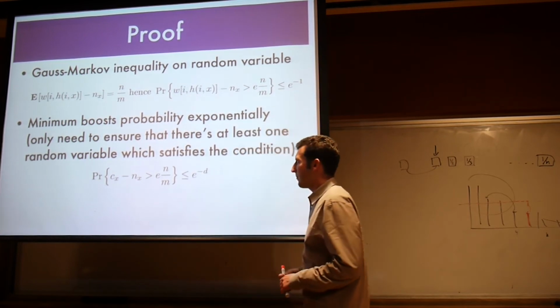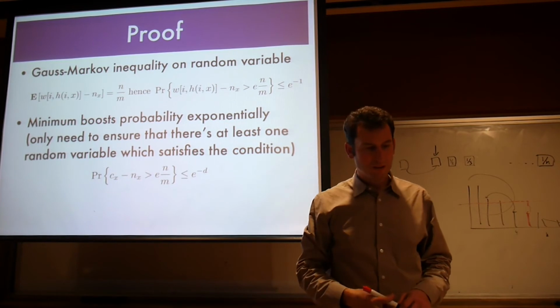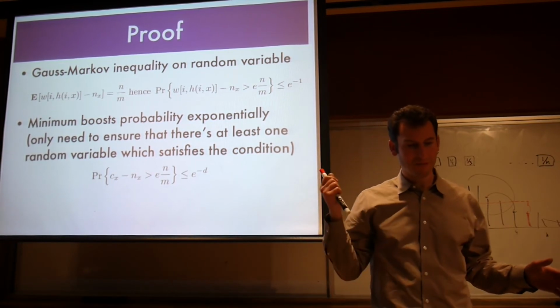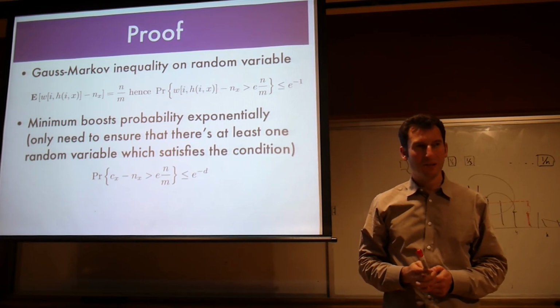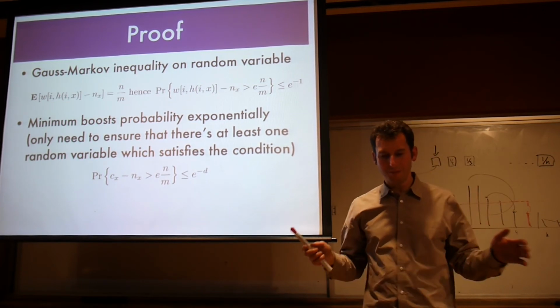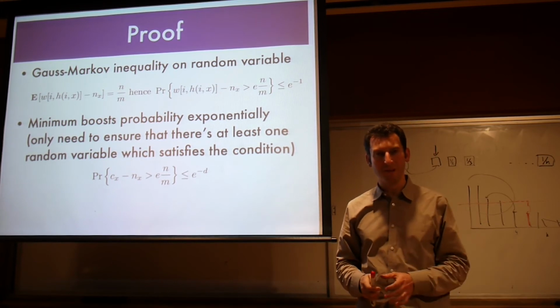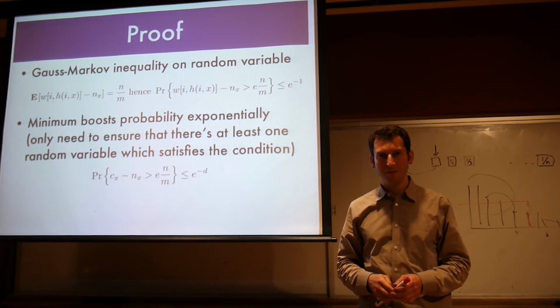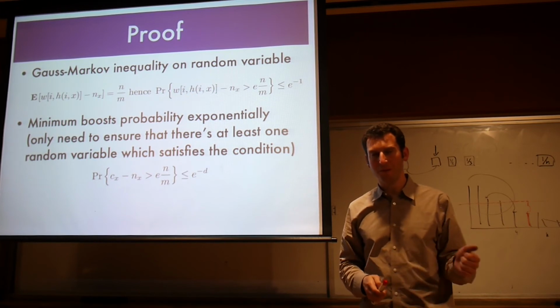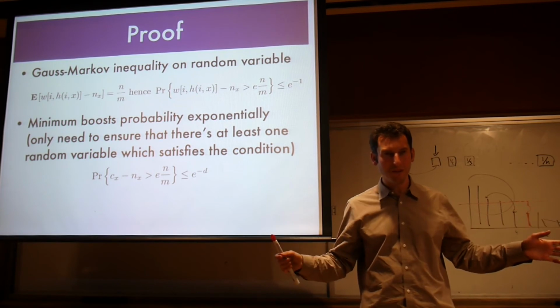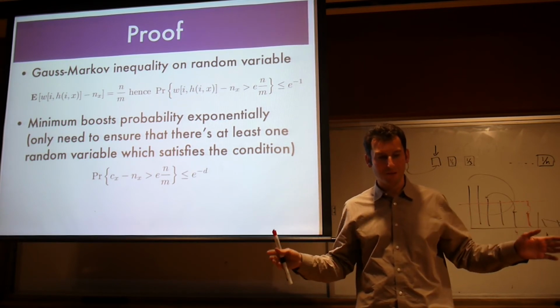Now, if I want to make sure that the minimum is above that threshold, because that's basically the accuracy that I want, I need to draw enough instances that at least one of them satisfies that bound. We know that for each individual random variable that probability is 1 over e. I need to make sure that if I draw d many of them, things are fine.